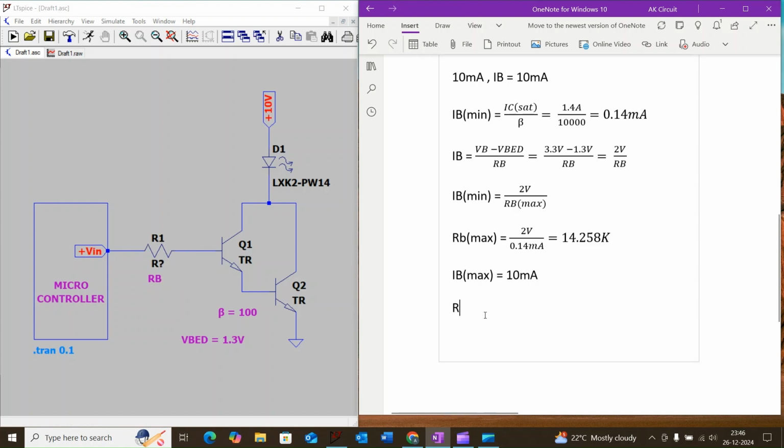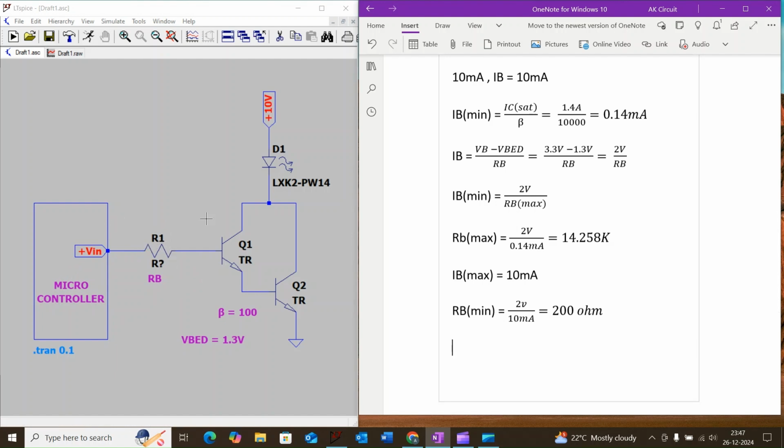That means RB minimum is equal to 2 volt divided by 10 milliamps, which is equal to 200 ohm. So we can conclude that when the base resistance is more than 200 ohm, the current drawn from the microcontroller will be less than 10 milliamps.